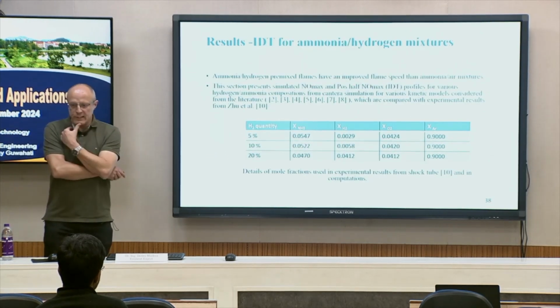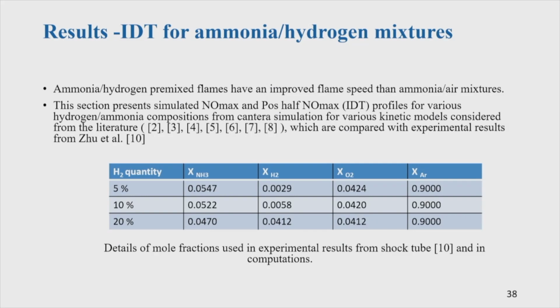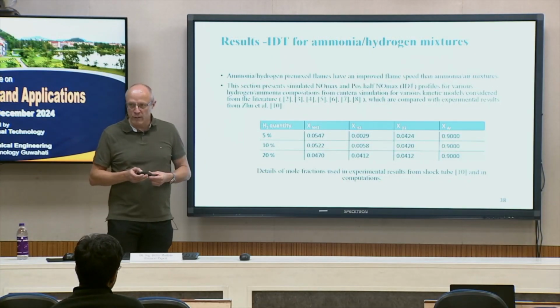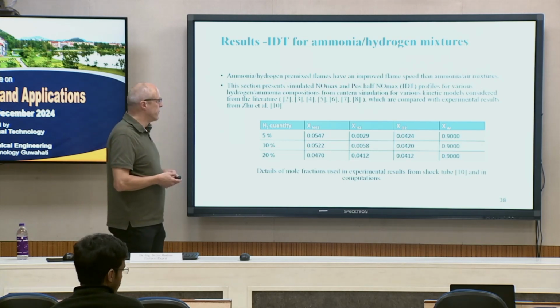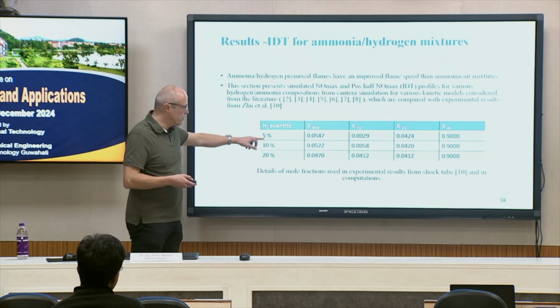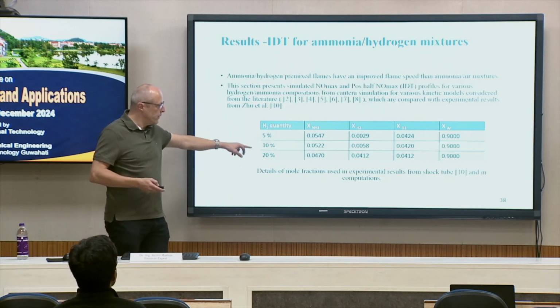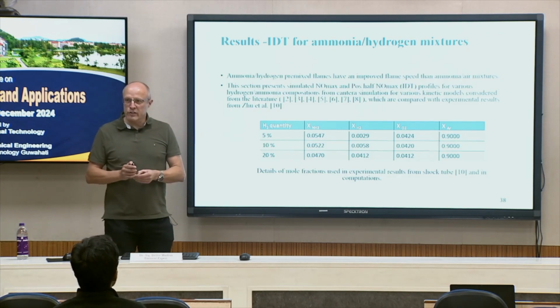So when we come to the results here, first of all, you have seen different mechanisms give different results, but all of them more or less show the same trend. So from lean to rich mixture, we reduce the maximum amount of NO, which of course we can expect. And here we have also a plot for the ignition delay time, or the table for the ignition delay times when we change the amount of hydrogen in our mixture.